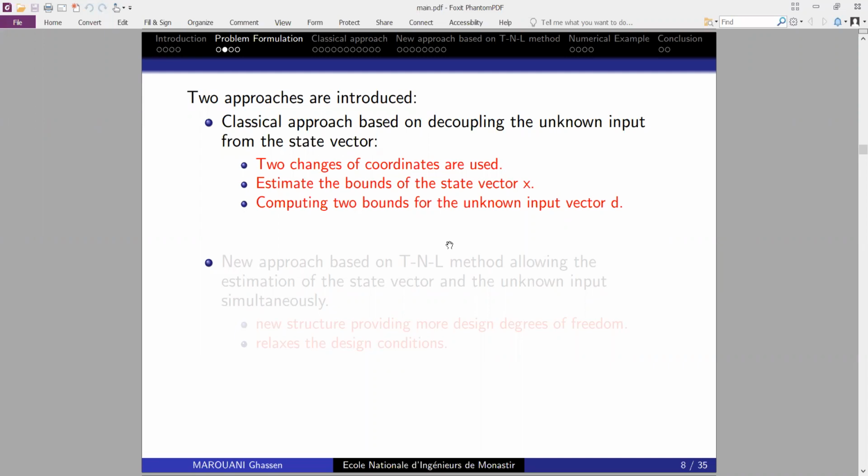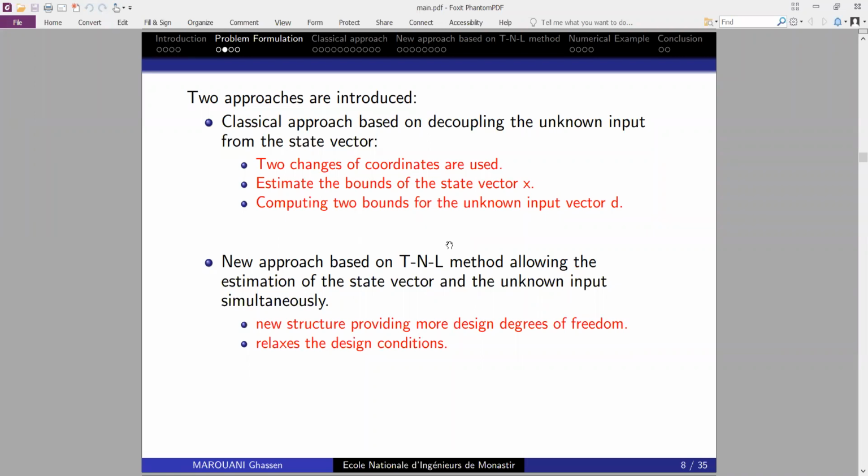The second approach can be called the TNL method. This method allows the estimation of the state vector and the unknown input simultaneously. This approach is a new structure providing more degrees of freedom and allows to relax the design conditions of the classical approach.